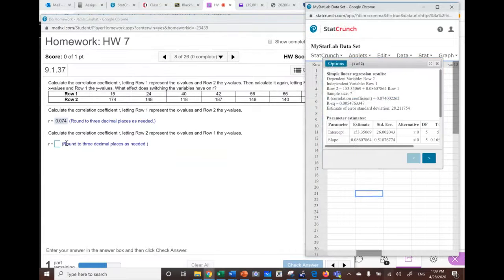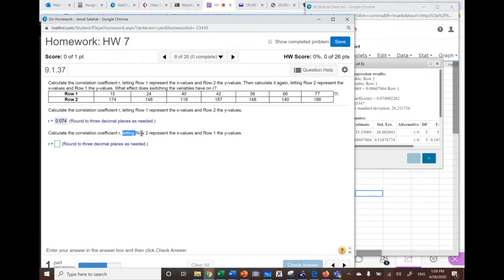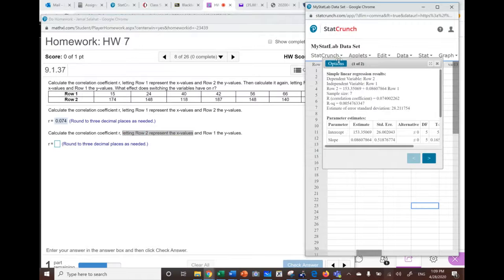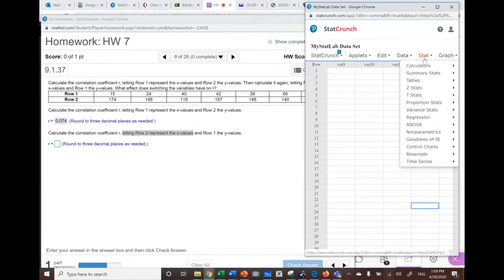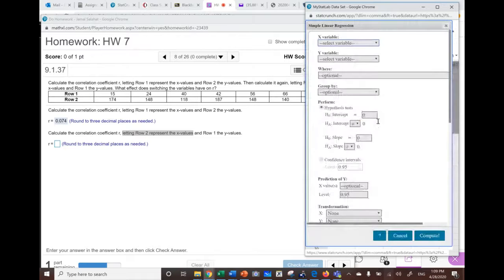Now, in the second part of the problem, it says, okay, calculate the correlation coefficient R, letting row 2 represent the X. Now, we need to really go and start from scratch and go to Stat, Regression, Simple Linear. And when it comes to X, we want X to be row 2.